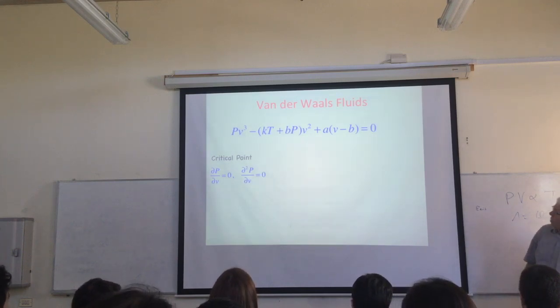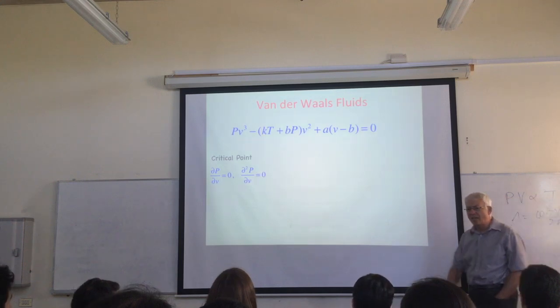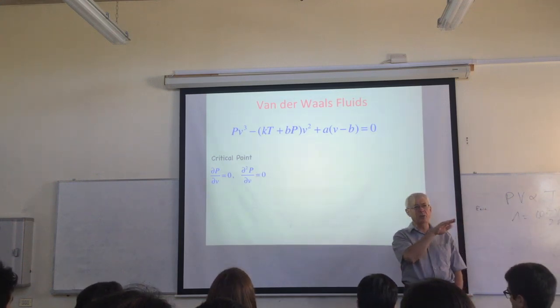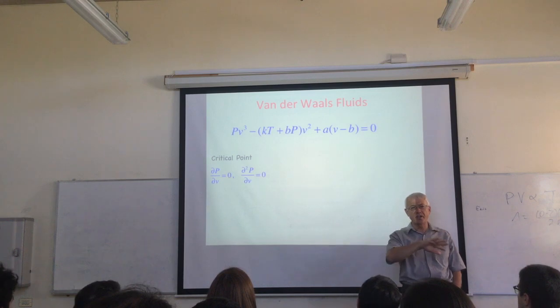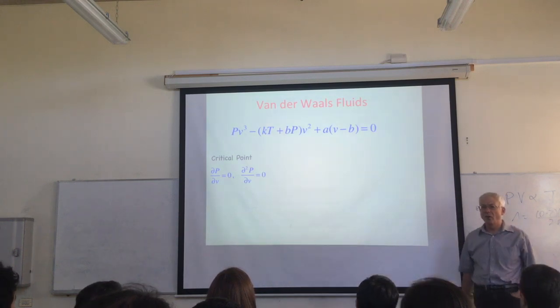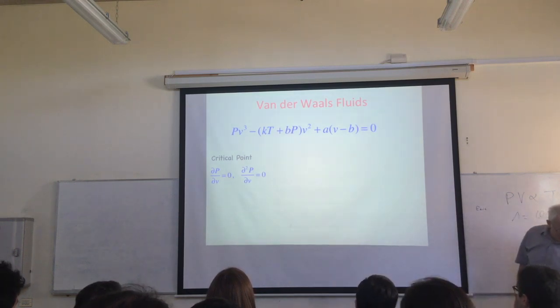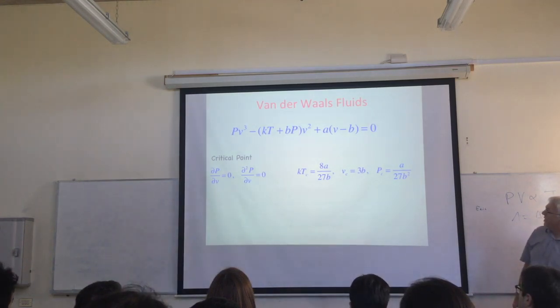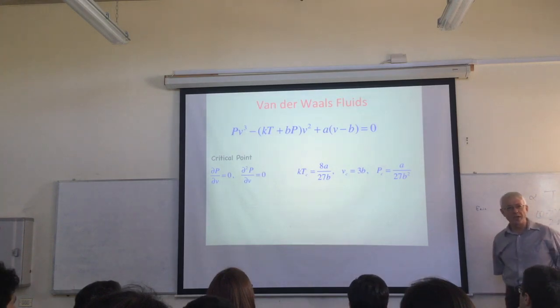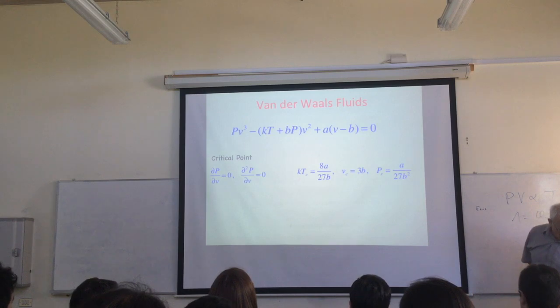And you can find its critical point by asking where, if you look at pressure as a function of volume, where does it have a point of inflection? Where do the first and second derivatives vanish? And if you do that, then you get what we call the critical values for the temperature, volume, specific volume in this case, and pressure.